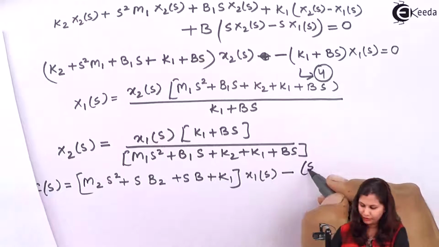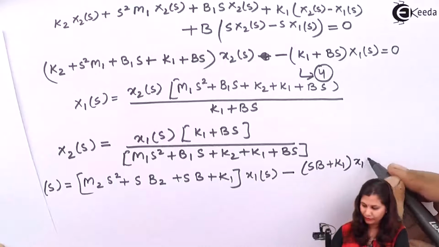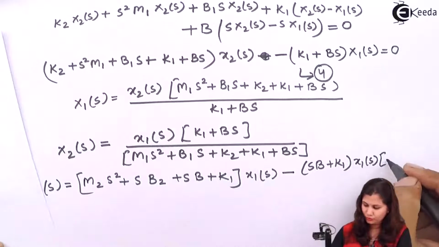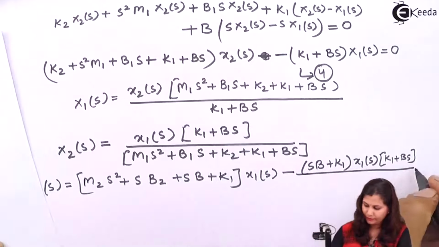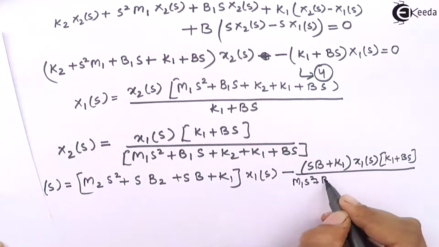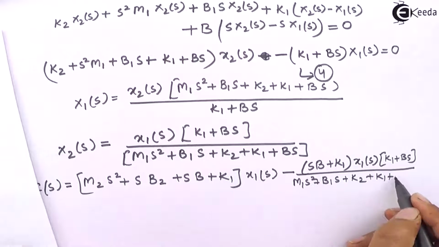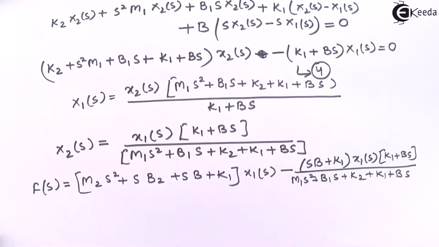We will put here sb plus k1 X1(s), and putting the value of x2, k1 plus bs upon this m1 term. So we have put the value of x2 here.